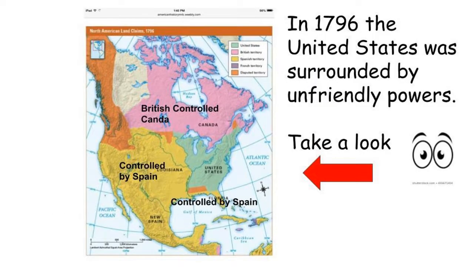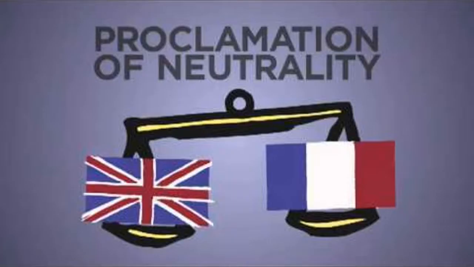Yes, and there were indeed threats, because the new nation was surrounded by unfriendly powers. Events in Europe also threatened the new nation. France declared war against Great Britain, presenting President Washington with the difficult problem of deciding which side to take. And this is kind of a review from our last lesson, because we really talked a lot about this.